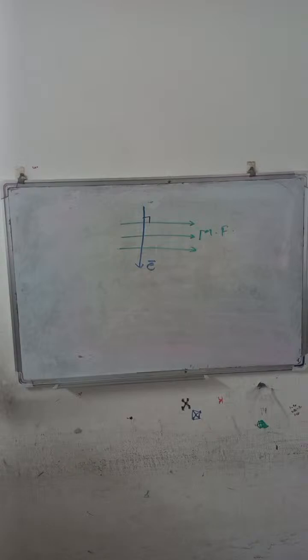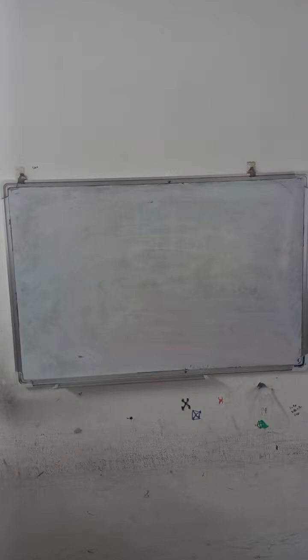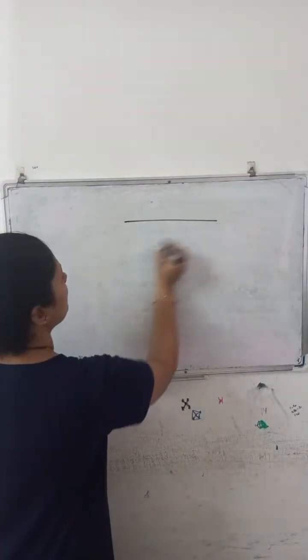Now the next question. Write down: the resultant magnetic field at point P, situated midway between two parallel wires placed horizontally, each carrying a steady current I. Write down the options. First, in the same direction as the current in the wires.